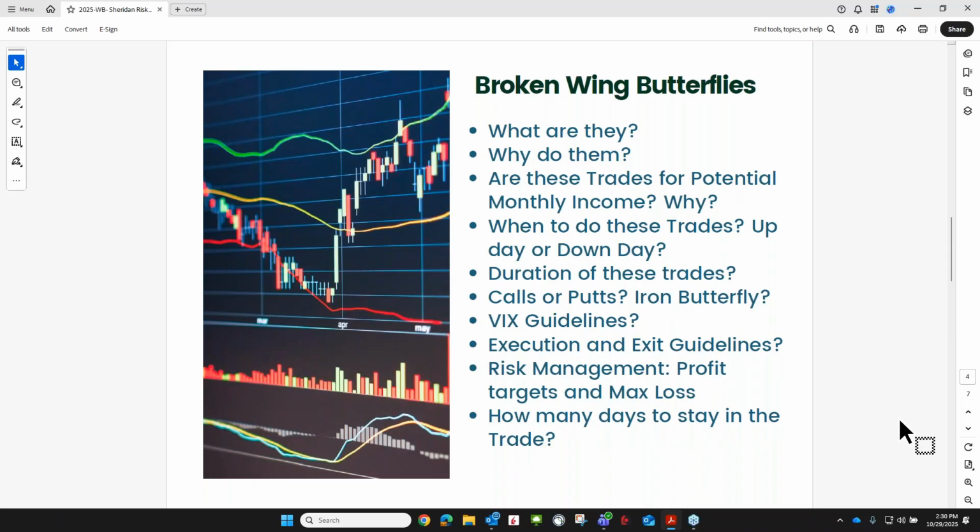No, yeah, so let's look at it. An iron condor is selling an out of the money call and an out of the money put, and then buying your hedge or protection a little bit further out of the money. So an iron condor would be more of a higher probability trade, but depending on how you set it up, the risk reward generally would be stinky.